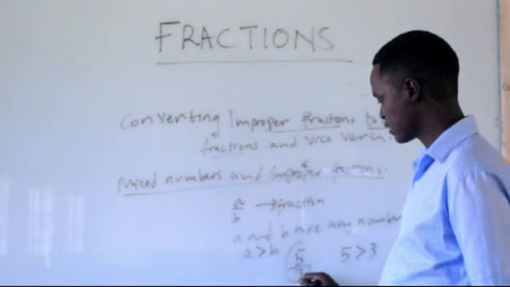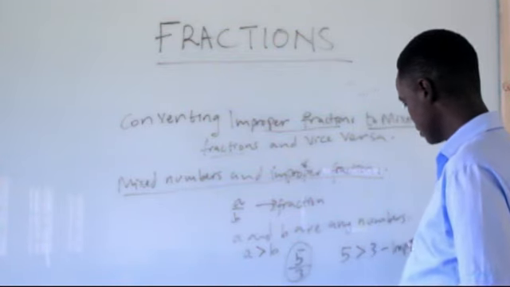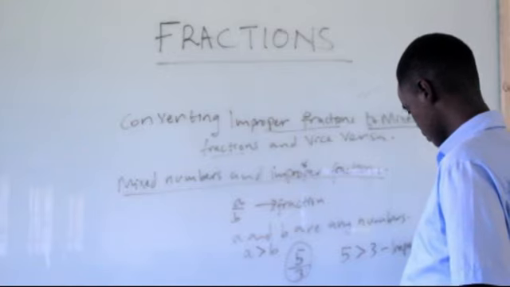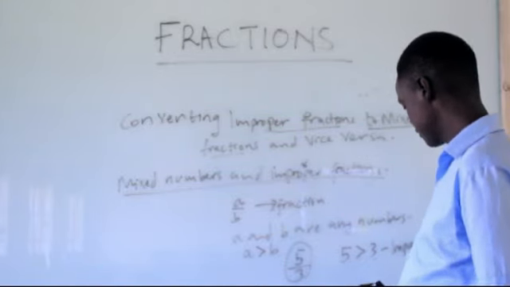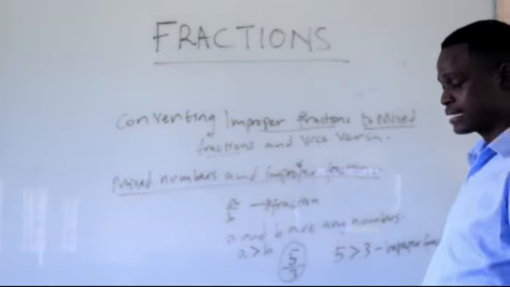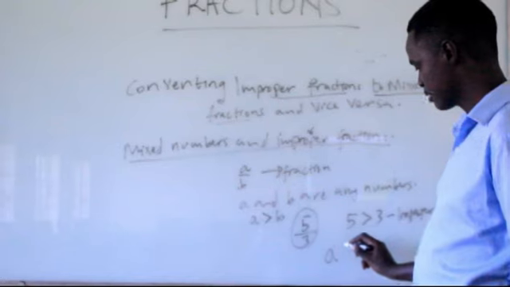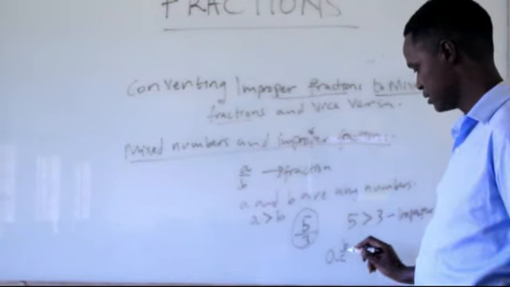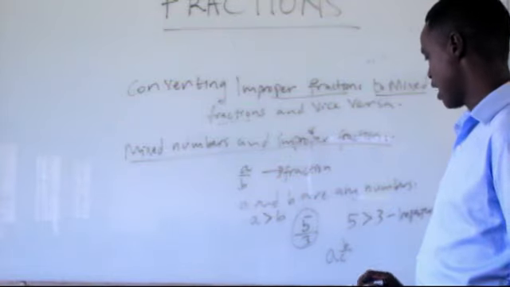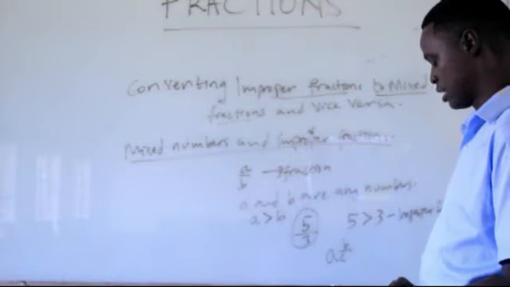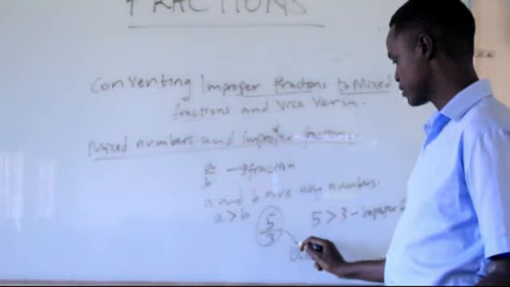Such a fraction, we have realized, is called an improper fraction from the activity that we did previously. A mixed fraction is of the form A, B over C. So we have a whole number and a proper fraction. How do we convert 5 over 3 to this form?